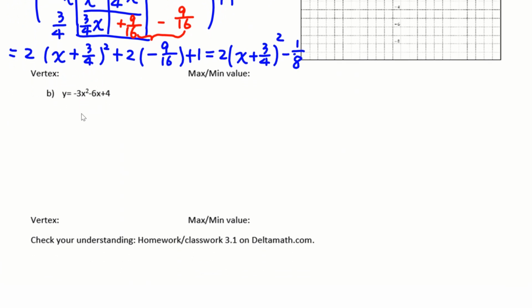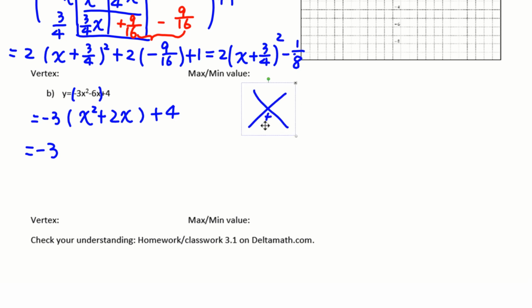Second one, same thing. We are going to group the first two terms and take the negative 3 out. We want the x squared to have no numbers at the front inside your bracket. Then after we have the negative 3 out, it will be the same as what we did before. We could use the half b squared, the traditional method, and do it backwards.